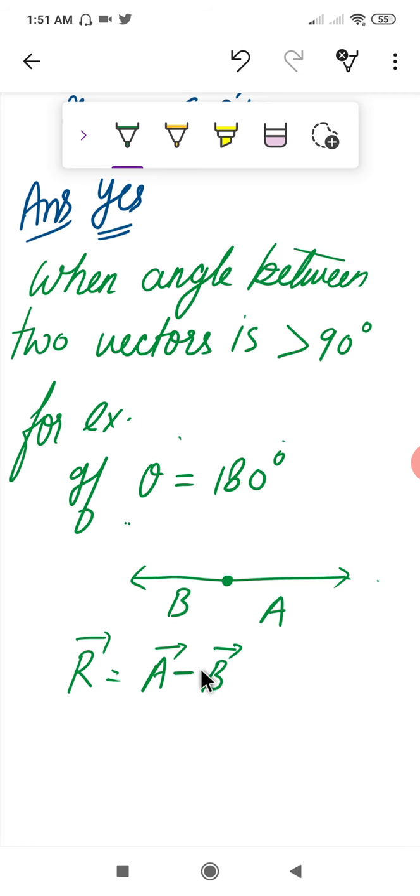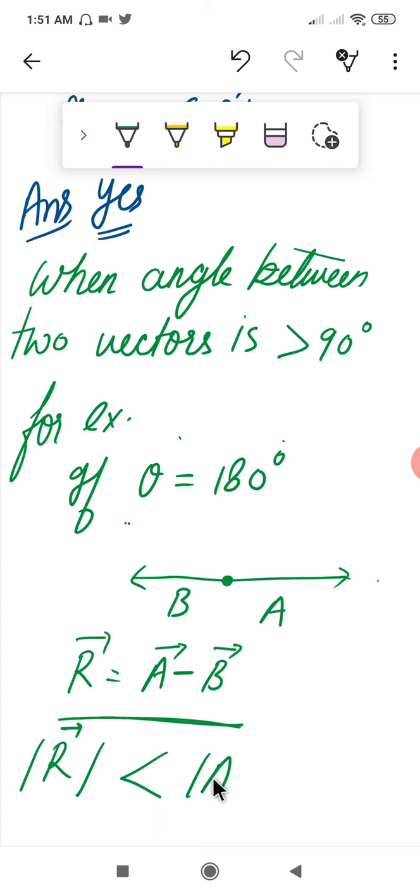You can easily make out from this equation that the magnitude of this vector must be less than the magnitude of the A vector. Getting the point better? So yes, it is possible that the resultant of two vectors is less than one of the vectors. Clear? So this is all about the vectors.